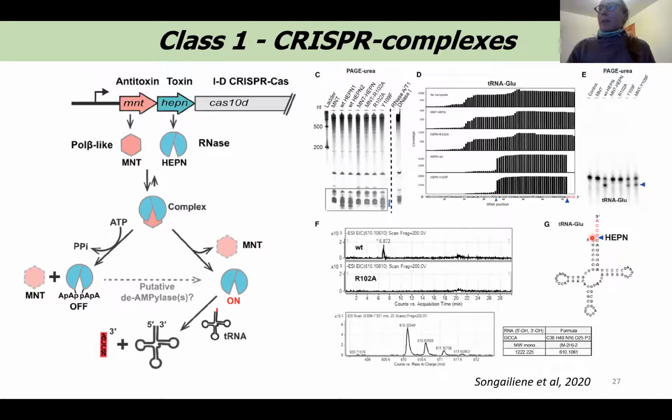Therefore we had to perform many experiments to prove that tRNA really is the target. So this is also an extra mechanism by which CRISPR can cooperate with toxin-antitoxin, most probably. But we just know that this cycle works, but what else, we don't know.